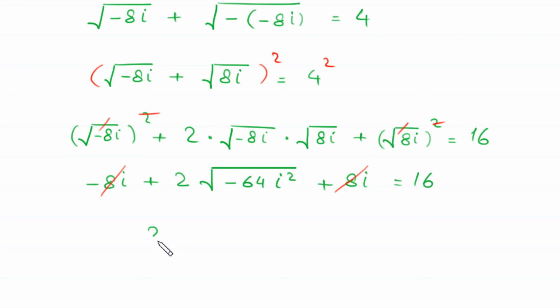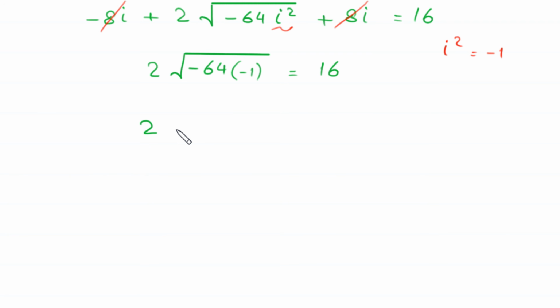Here we are left with 2 times the square root of negative 64 times this i squared, which is equal to negative 1. So we write here negative 1 is equal to 16.